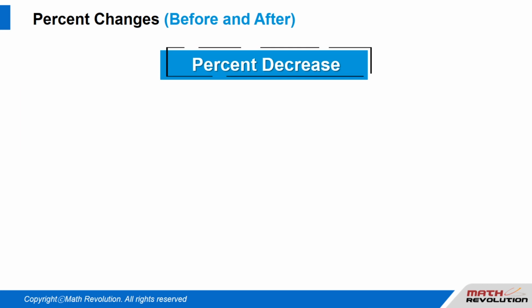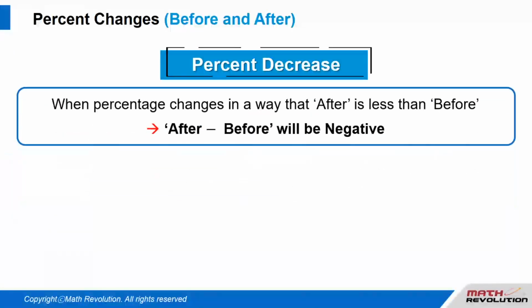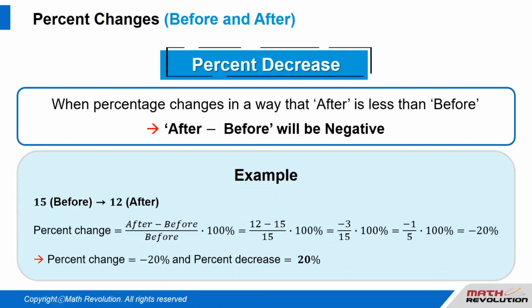Percent decrease. Let us look at a time when the percentage changes in a way that after is less than before. Percent decrease is equal to after minus before over before times 100%, when before becomes after. Here, after minus before will be negative. For example, 15 before becomes 12 after.